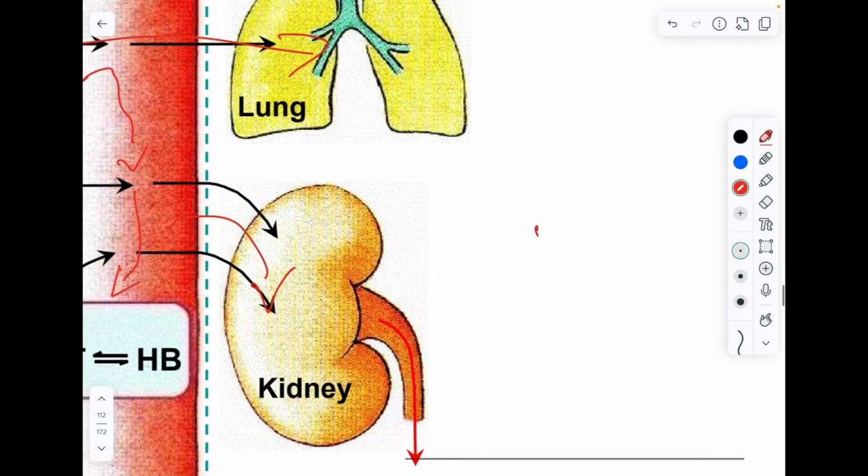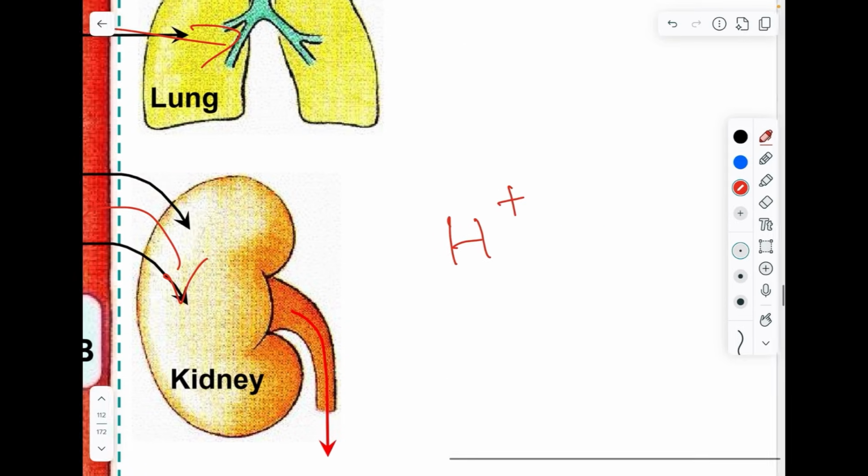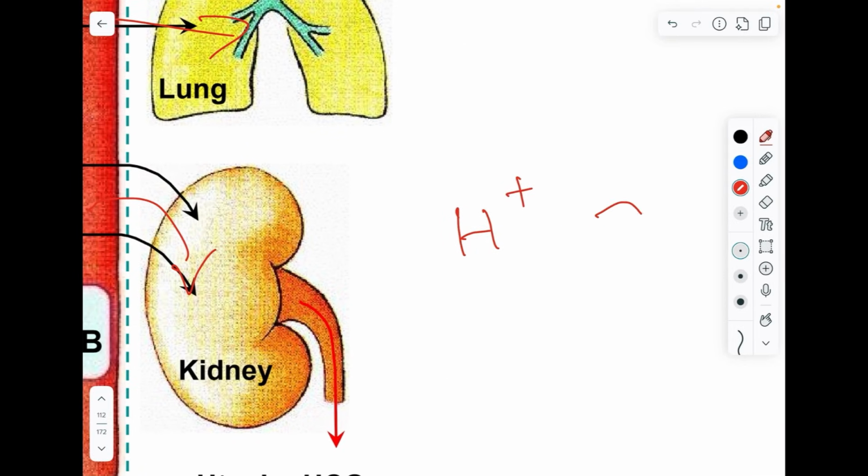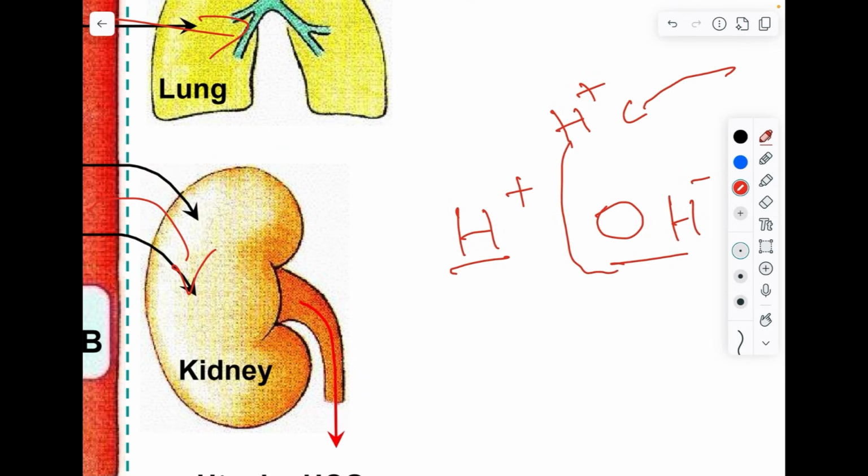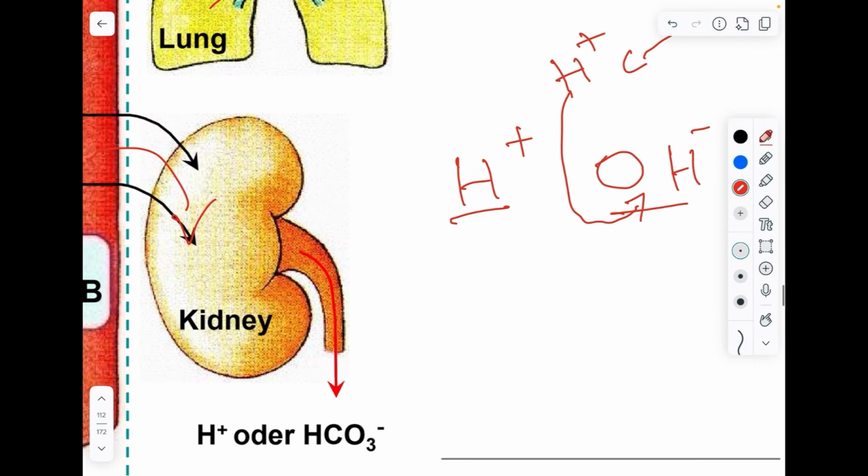So for example, if we say we have an H plus and an OH minus, and we assume that this is a buffer, this is an acid and this is a base. If you were to add another acid, H plus, it will be bound by this base, and it will lead to H2O, which is water.